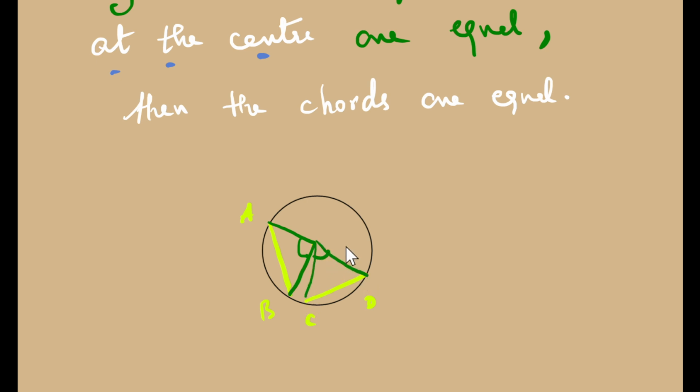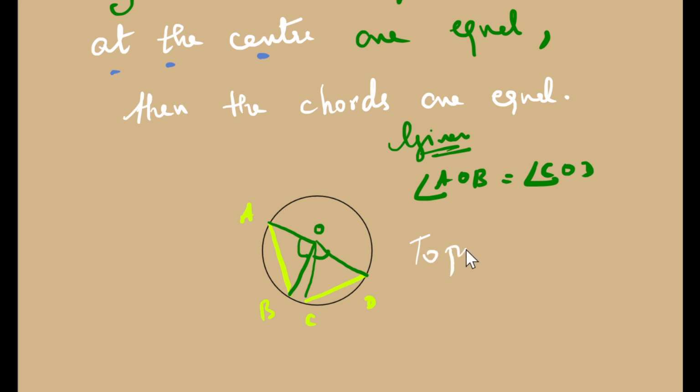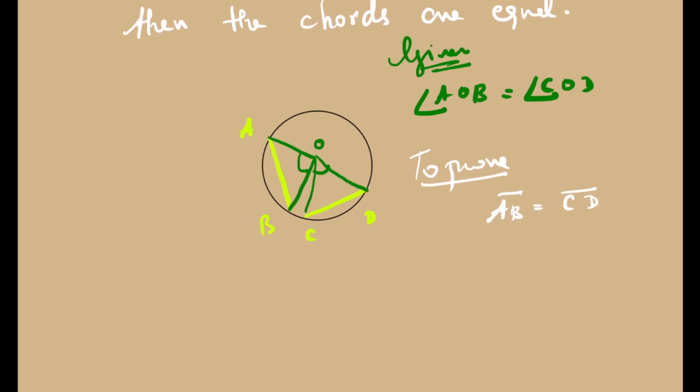So what we know here is angle AOB is equal to angle COD. So this is given to us. And what do we have to prove? That the chord lengths are equal. The length of AB is equal to the length of CD. This is what we'll have to prove.